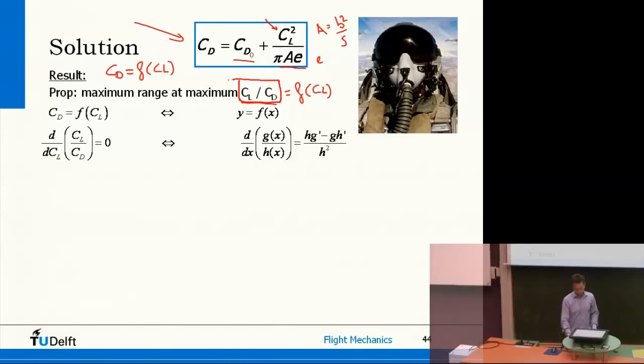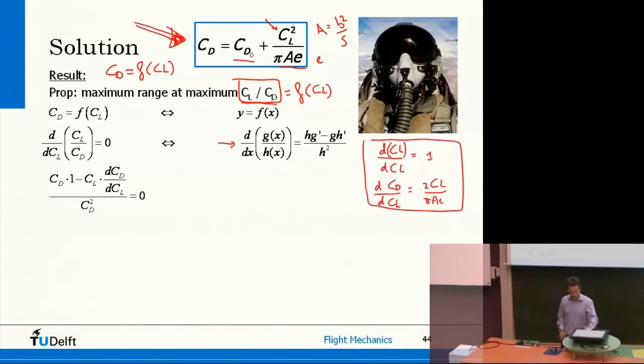If you do that, you need the derivative of h and the derivative of g, then you get CD times 1, so 1 is the derivative of CL, minus CL times the derivative of CD, 2CL over pi AE, divided by CD squared, and that's equal to 0.